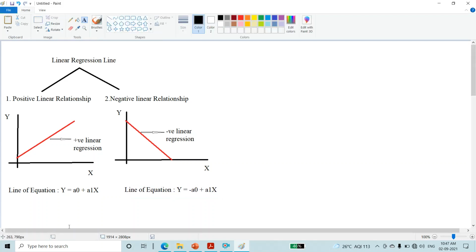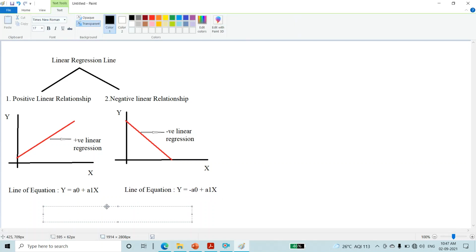Okay, and these x and y are whatever independent and dependent variables. Okay, x is what here? Independent variable, which is also called a predictor, and y is whatever?